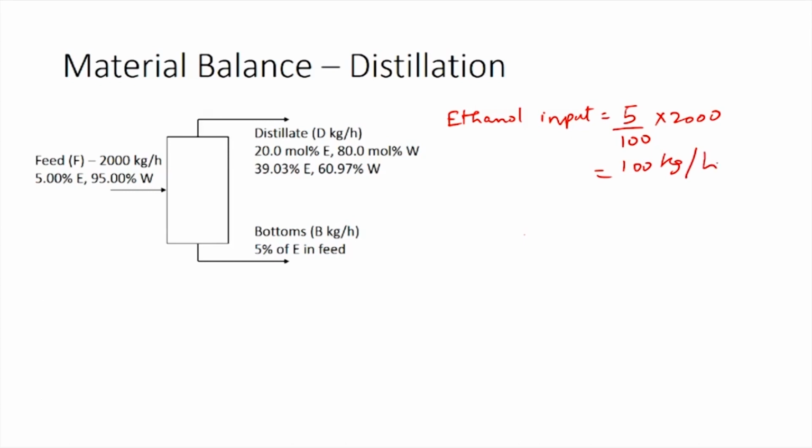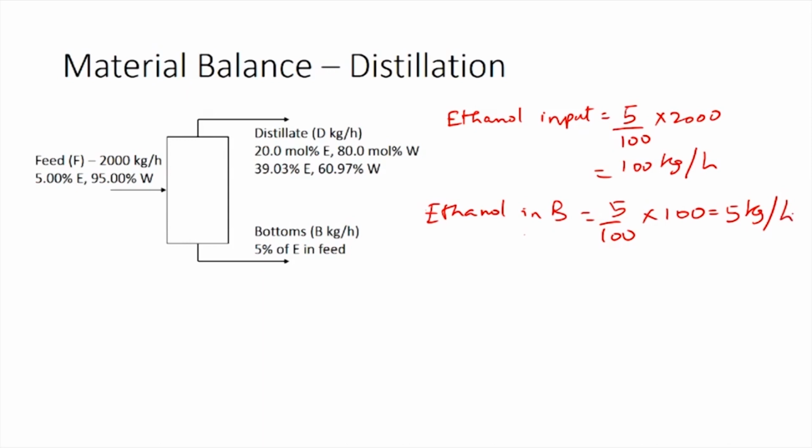Out of this 5% leaves through the bottoms. So, ethanol in bottoms would be equal to 5% of this 100 kilograms entering, which is basically 5 kilograms per hour leaving through the bottom stream.